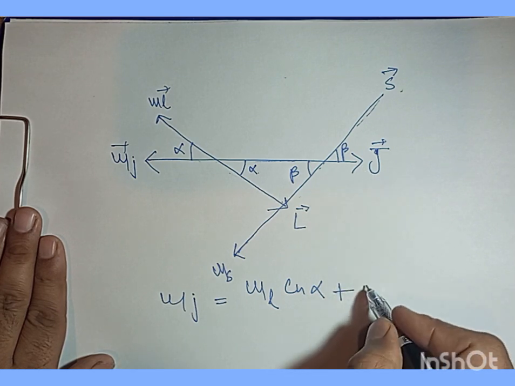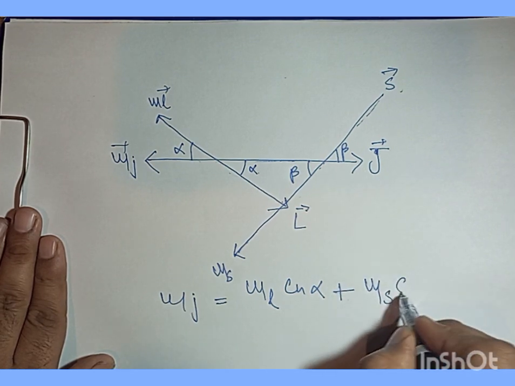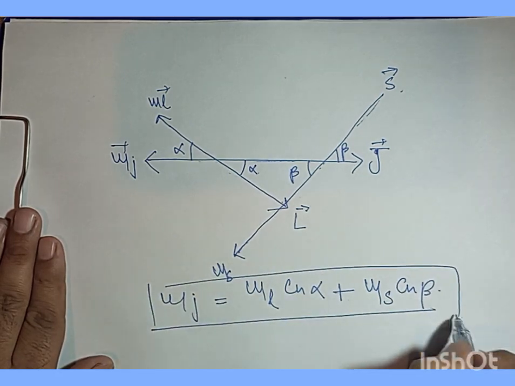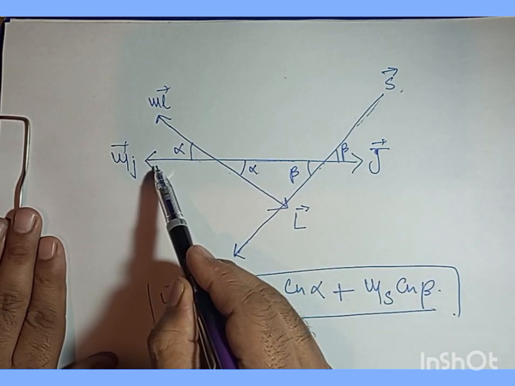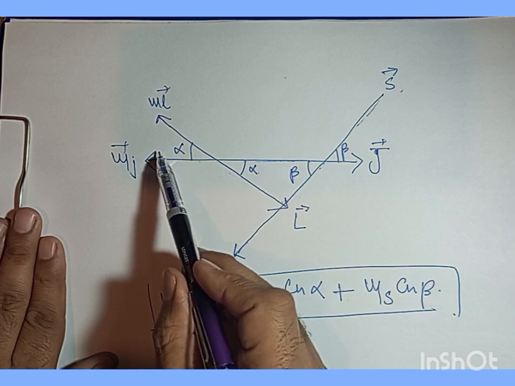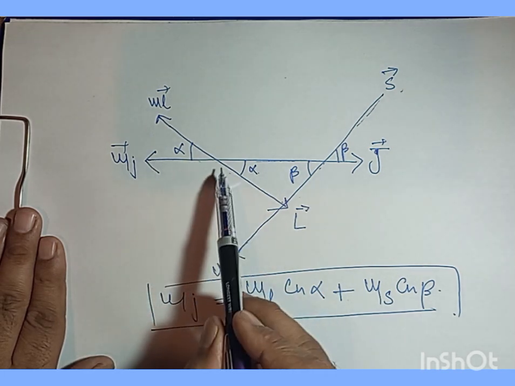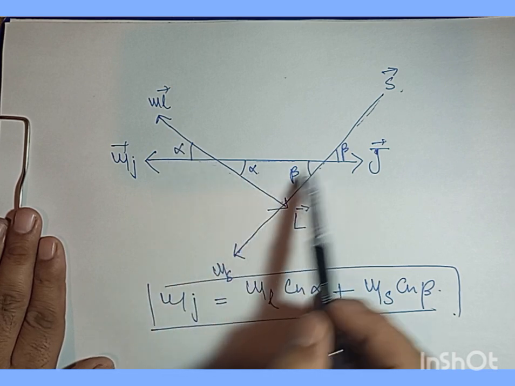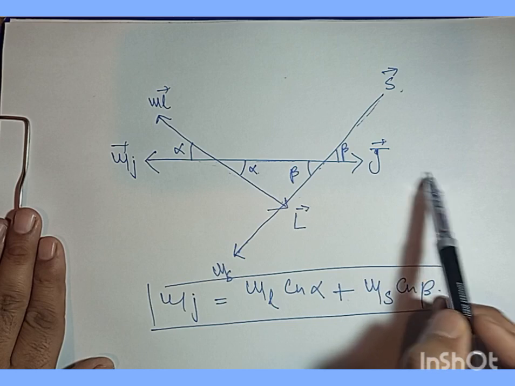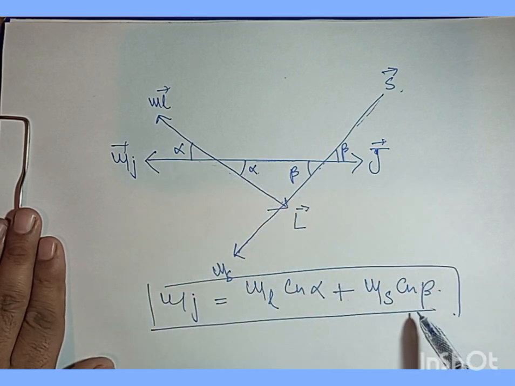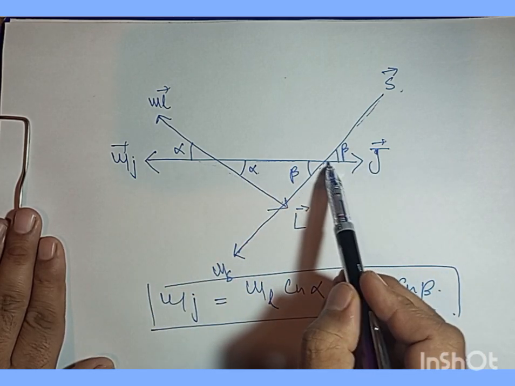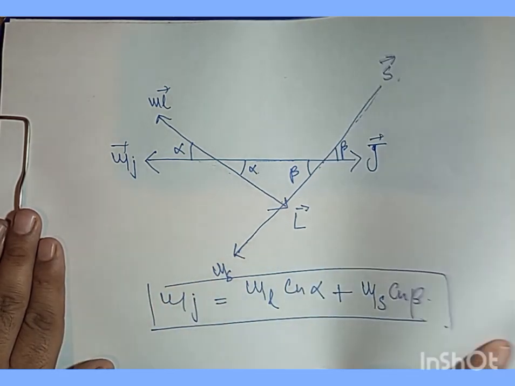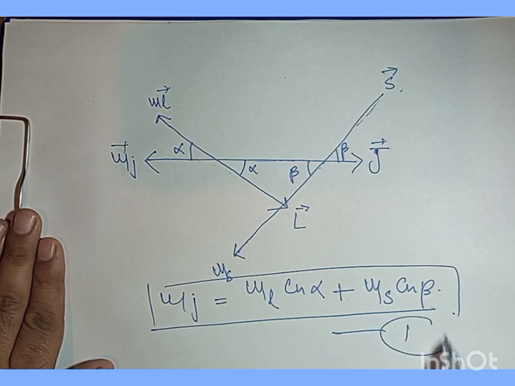So this will be mu S cos beta. So mu J will be the summation of the cosine component of mu L and the cosine component of mu S, mu S cos beta. Right. So this will be my equation. I'll call this equation 1.